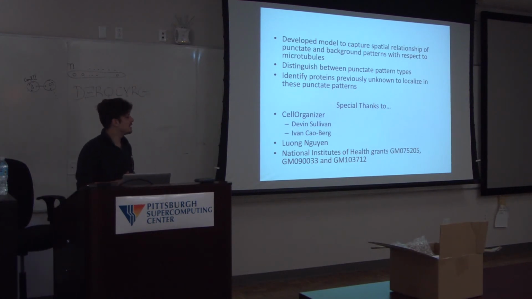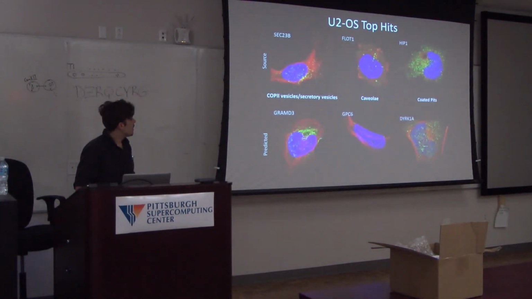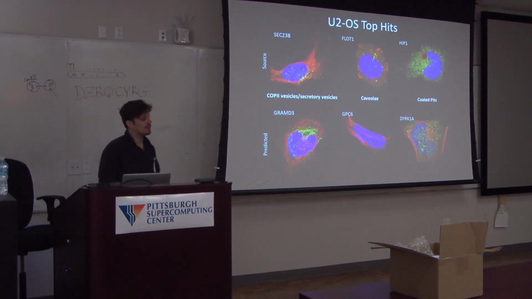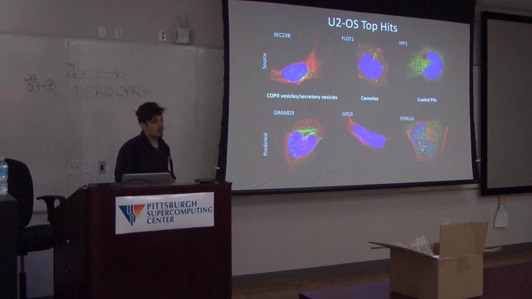But it should also be noted that protein localization is a condition-specific sort of response. So even though Sec23B localizes in this pattern under most conditions, you can imagine that there could be a drug condition, or if the cell's undergoing mitosis, where this pattern localizes in some other distribution.